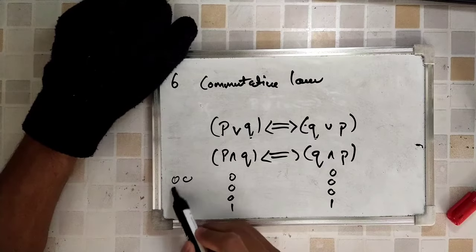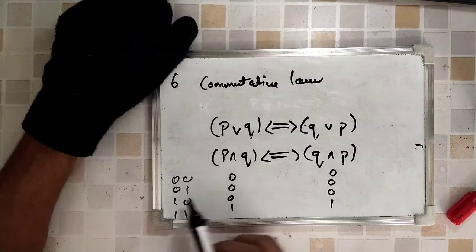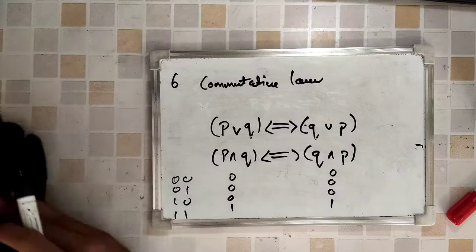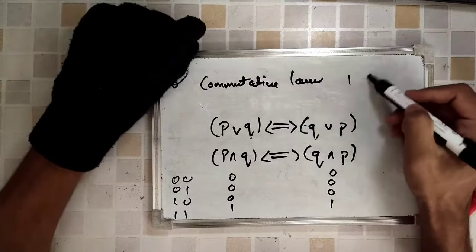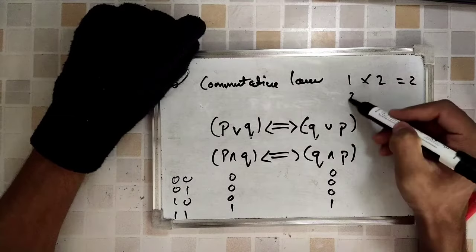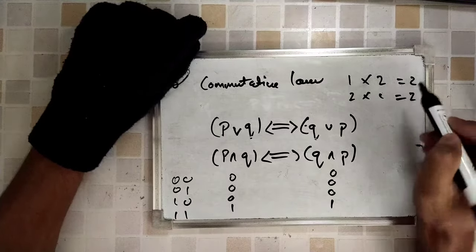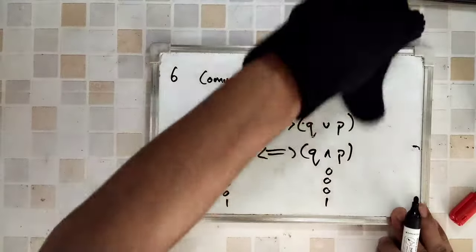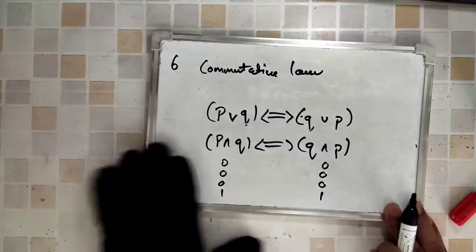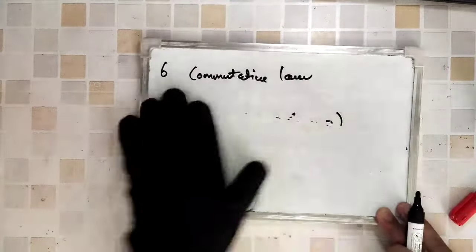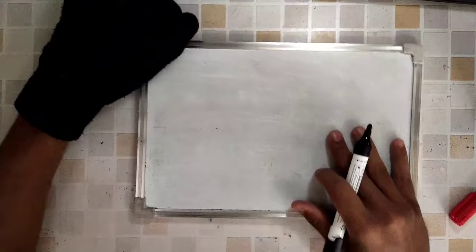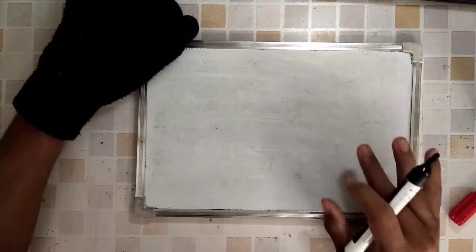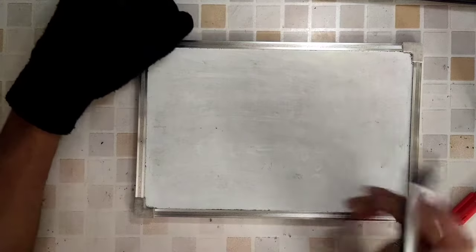Because if you AND these values, it's like multiplying: 1 into 0 is 0, and only 1 into 1 is 1. Understood? I hope you are understanding. Any doubt you have, you can just comment or message me. I'll straight away make a video on that particular topic and upload it, because it's not that difficult. It's very easy for me.